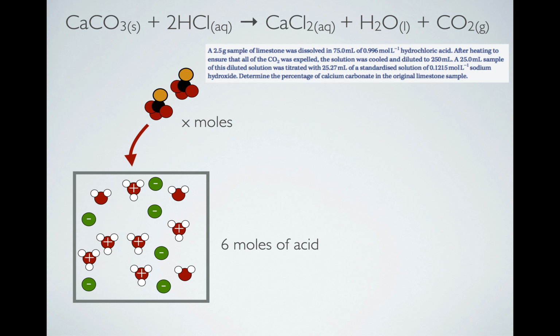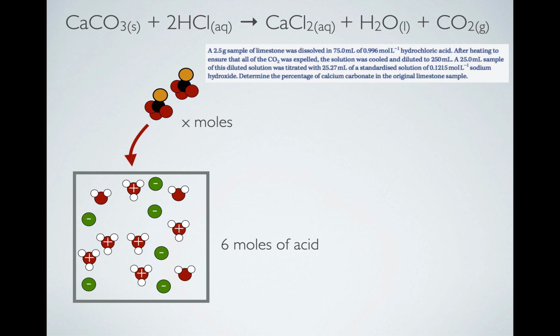We've got the equation here, that the calcium carbonate is going to react with hydrochloric acid to produce the salt, calcium chloride, water and carbon dioxide, because we're starting from a carbonate. Now the trouble is that carbonates will also dissolve in water and react and form an acid. So we want to get rid of all of that. So when they do the reaction, they want to heat it and make sure that all the carbon dioxide is driven away, okay?